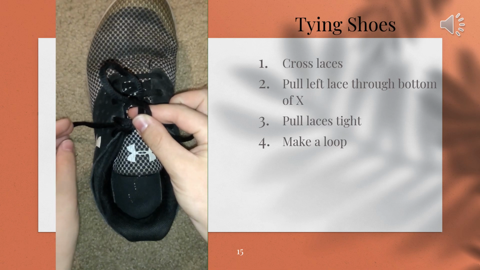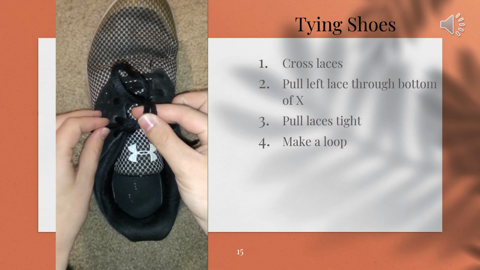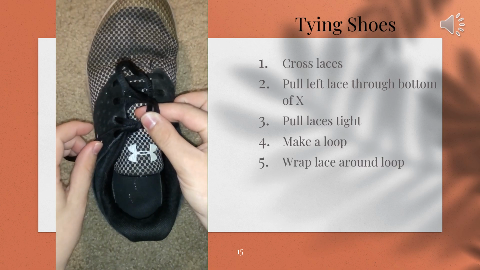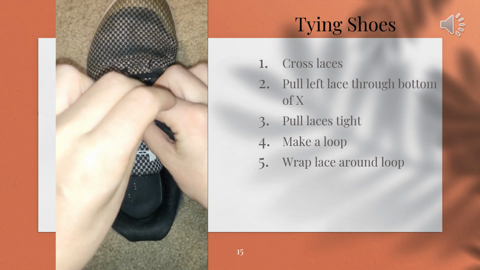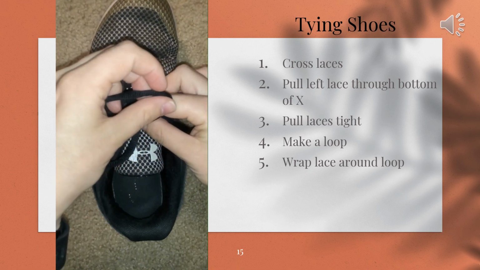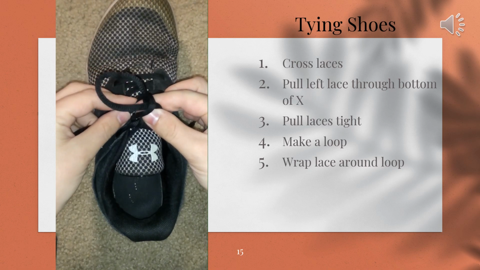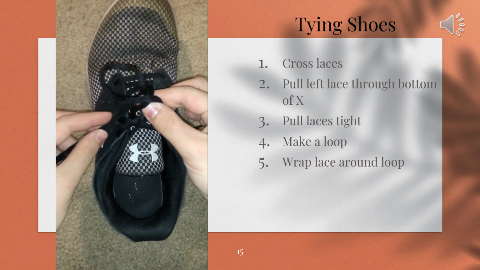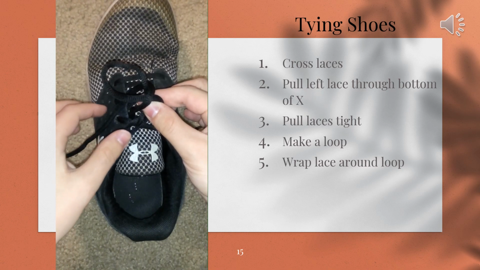All right, now that the lace is wrapped in a loop, you're going to wrap the left lace around the loop, which you're going to see right here. And now that the lace is wrapped around the loop, the next step is going to be pull the lace halfway through the opening.